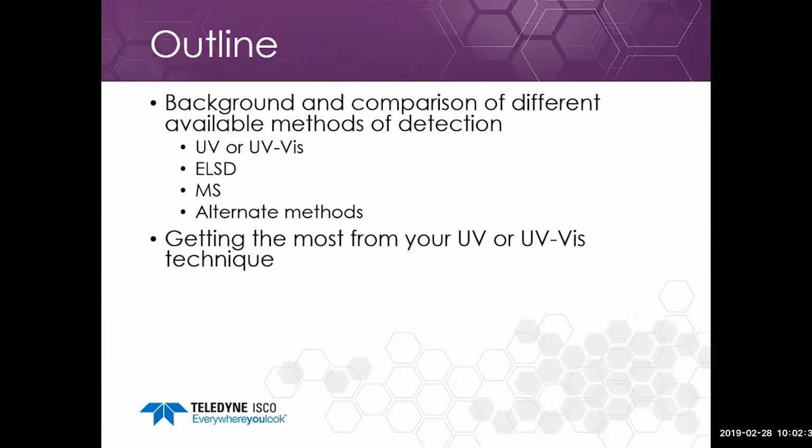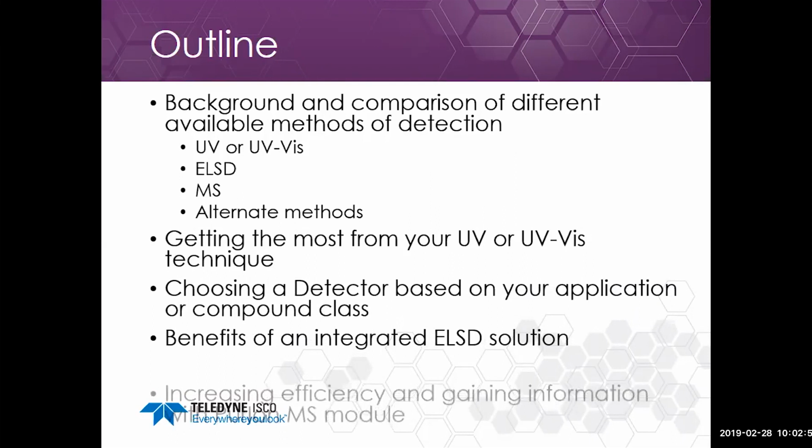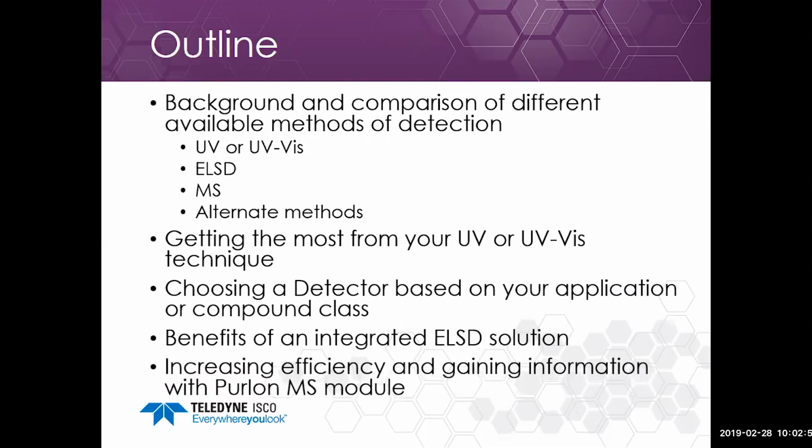We're also going to focus on getting the most from the UV or UV-Vis technique, choosing a detector based on your application or compound class. We're going to go into the benefits of an integrated ELSD solution and how you can increase efficiency and gain more information with the pure ion mass spec module.